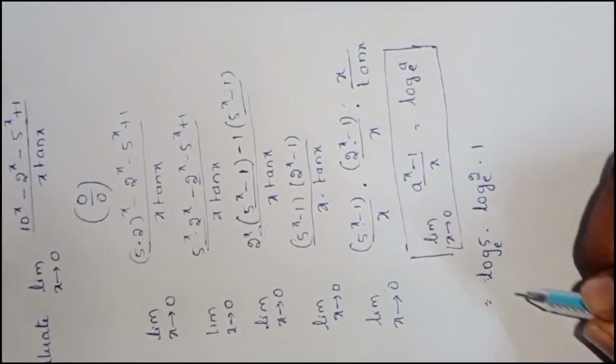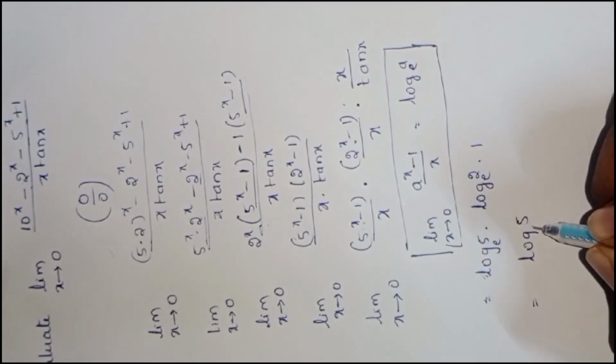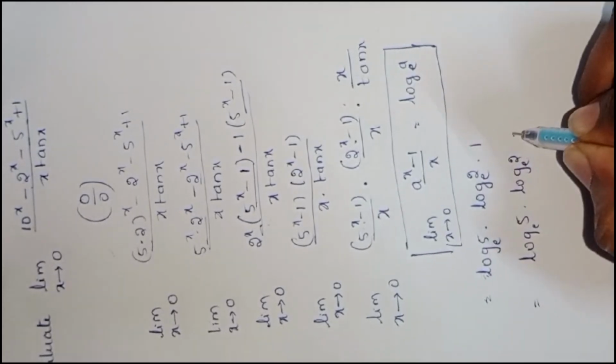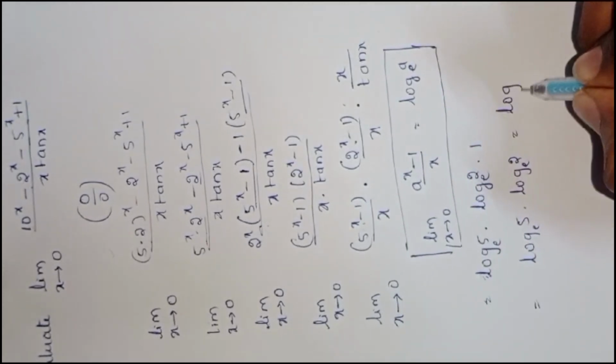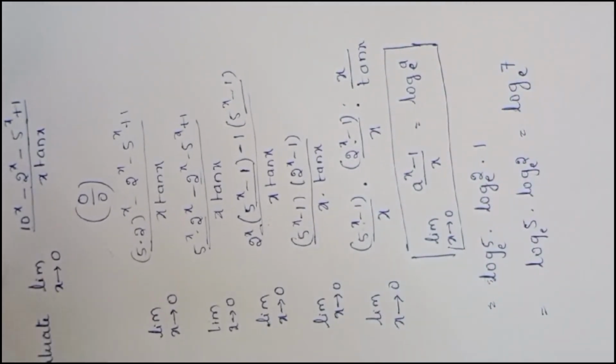So the answer becomes log of 5 to the base e into log of 2 to the base e. We can write it as log of 10 to the base e. We know that log m plus log n is equal to log of m into n, and I applied that here.